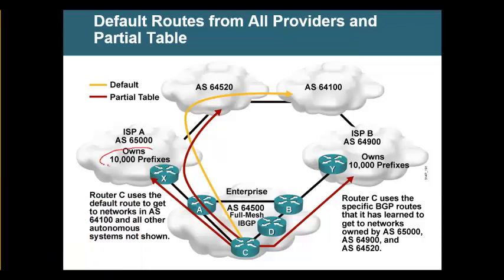Just your own 10,000 routes are given by the ISP. This itself is too much, right? To reach other destinations, we have the default route. So this is like a partial table.